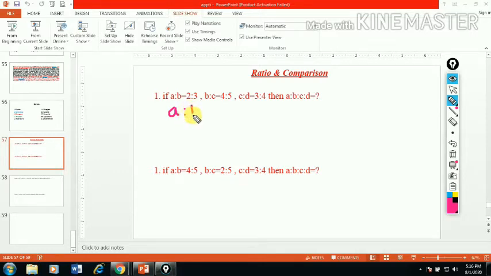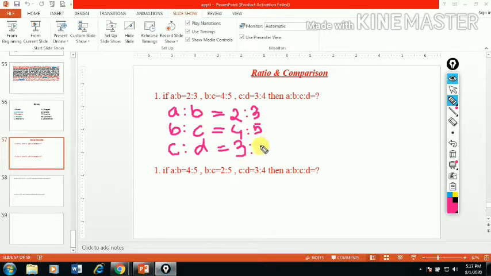Suppose you are given A is to B equals 2 is to 3, then B is to C equals 4 is to 5, then C is to D equals 3 is to 4.